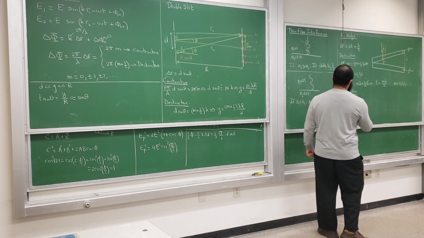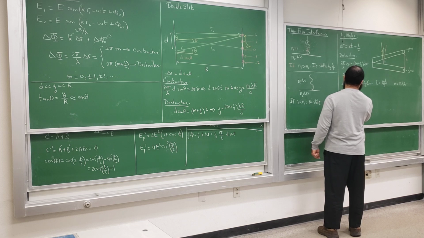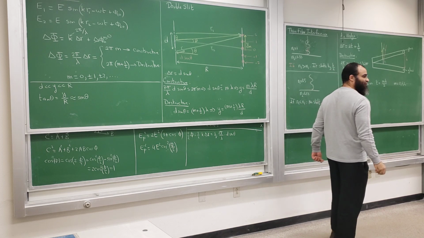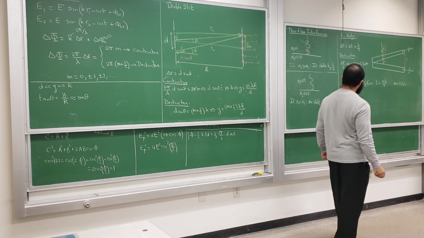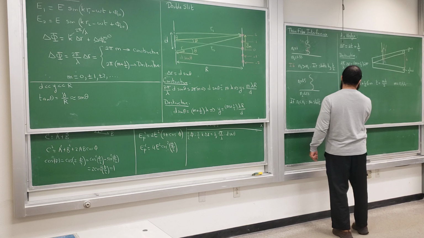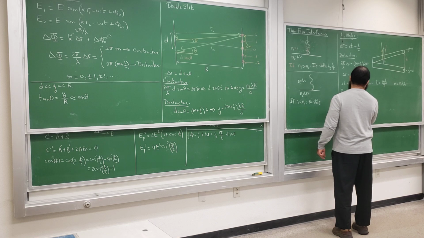Cancel the 2 pi and you will have delta r equals just m lambda. This is constructive. Now what is delta r? Delta r is 2t and then lambda over 2. So again, 2t plus lambda over 2 is equal to m lambda.